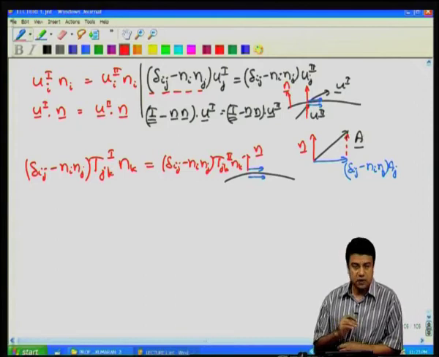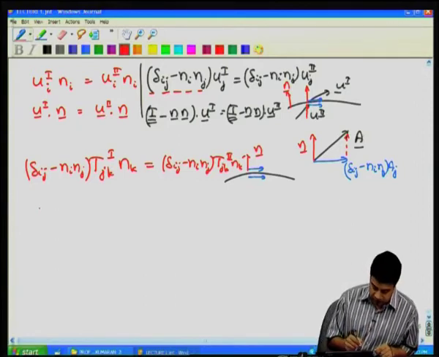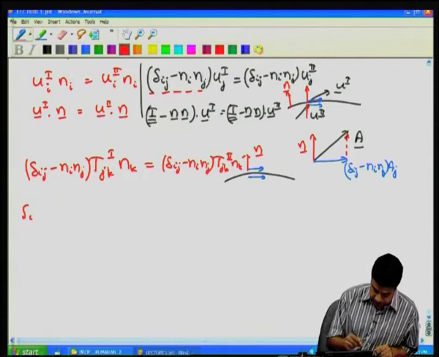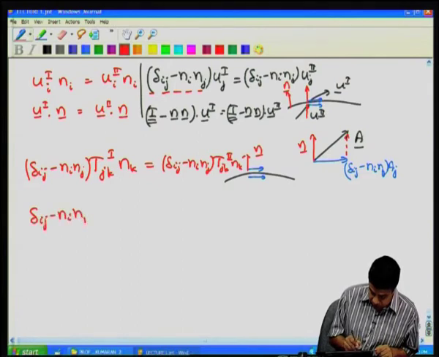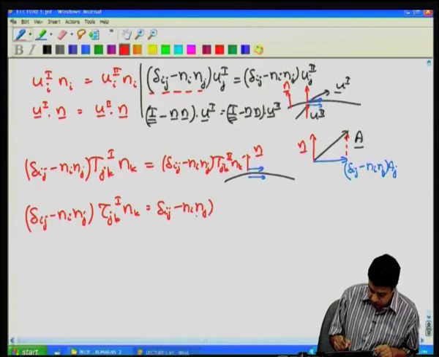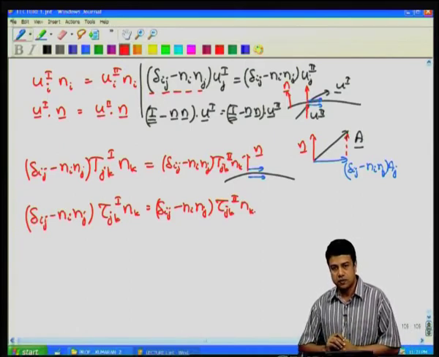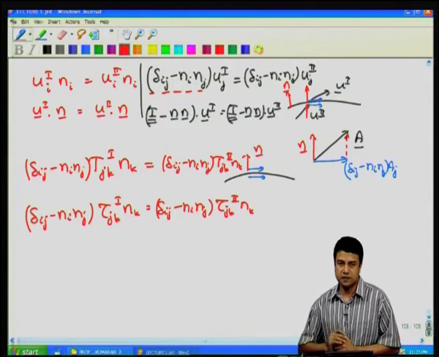Therefore, the tangential component alone, I can write this as delta_ij minus n_i n_j into the shear stress tau_jk^1 n_k is equal to delta_ij minus n_i n_j into tau_jk^2 n_k. So, the two components of the shear stress tangential to the surface have to be equal on both sides.